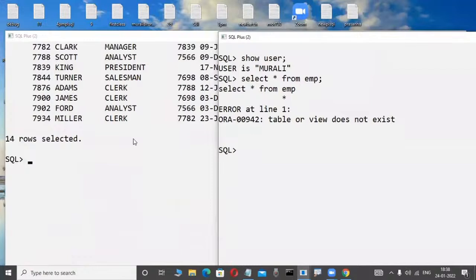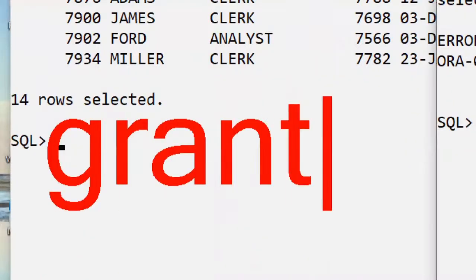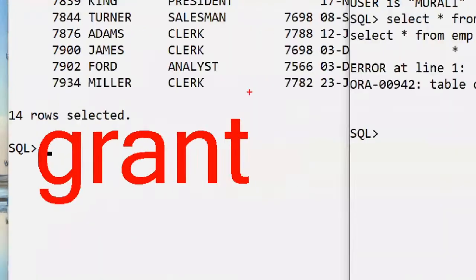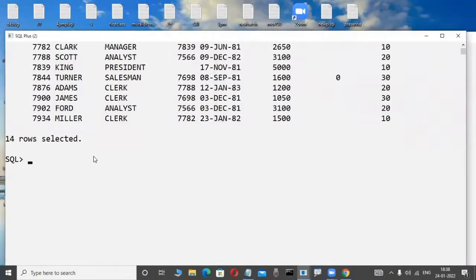Suppose this Scott employee gives permission for accessing the EMP table. Some commands are there, and later you will be familiar with these commands in our language. Grant is a command. We are learning, don't worry. Now suppose they give permission through the grant command.